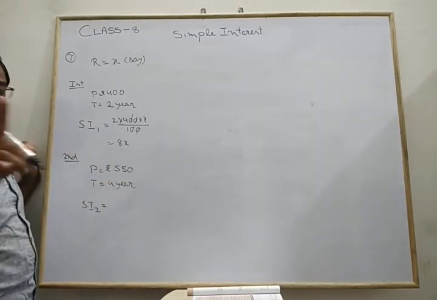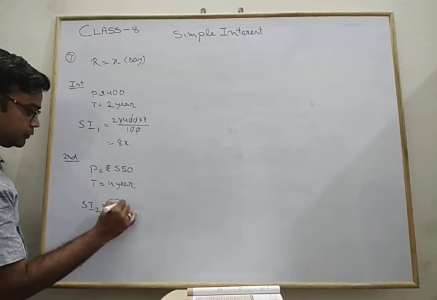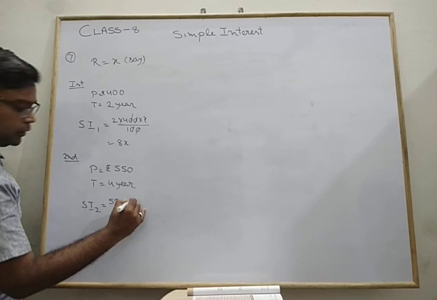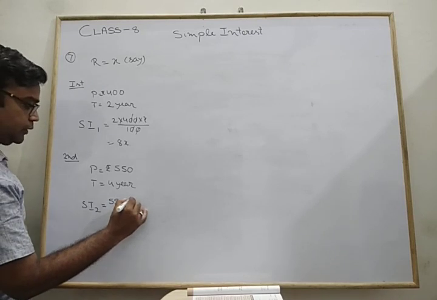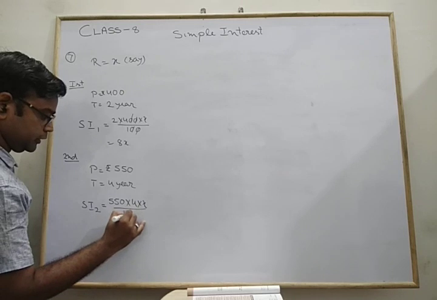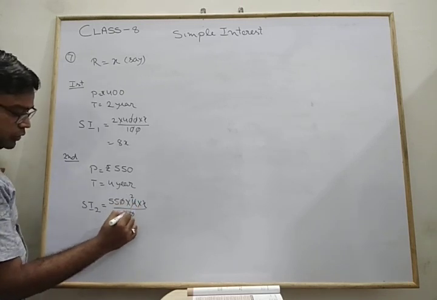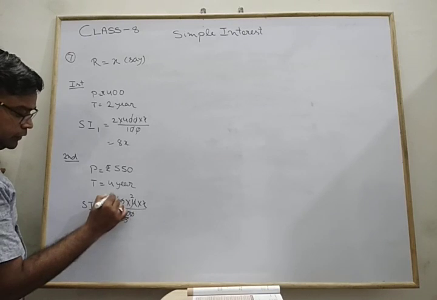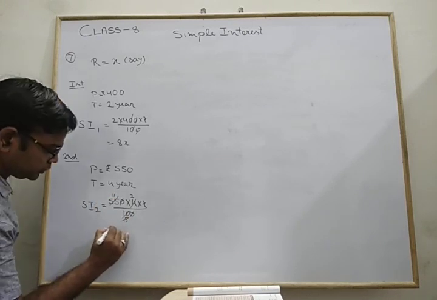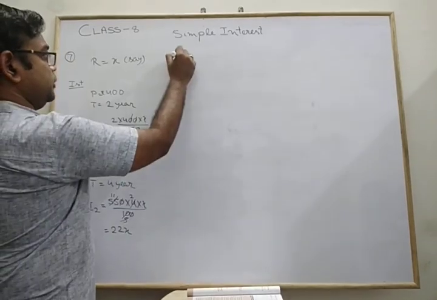In your copy you must add one formula. 2 is 2, 5 is 5, 11, it's 22x.